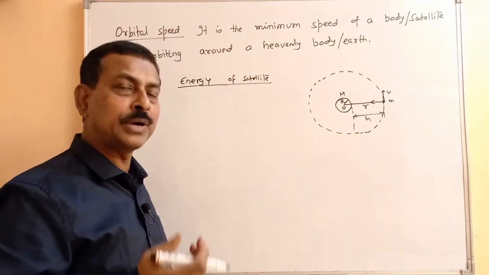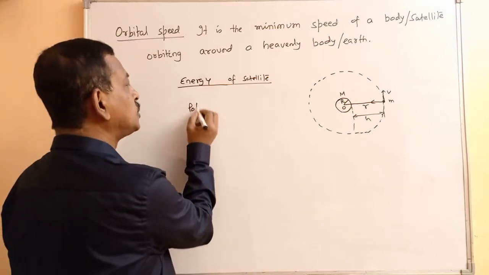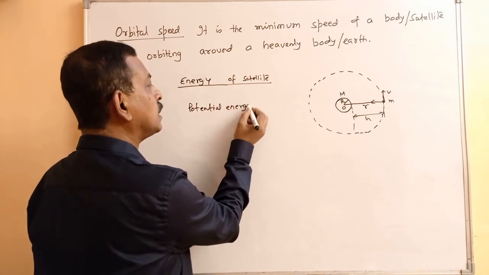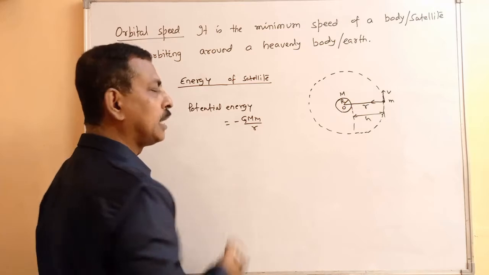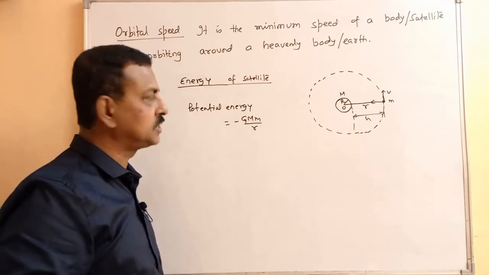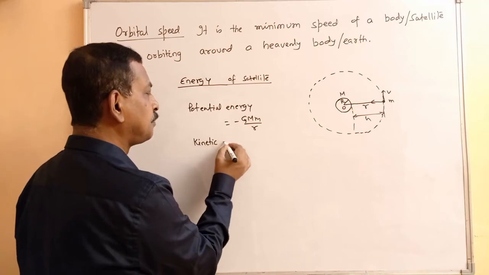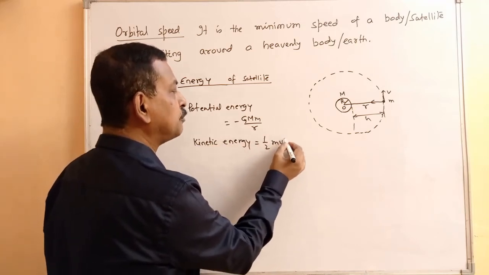Next, suppose we want to find the energy of the satellite. For this, if you consider potential energy, this will be minus GMm by r, the gravitational potential energy. Another term is the kinetic energy, which equals half mv squared.